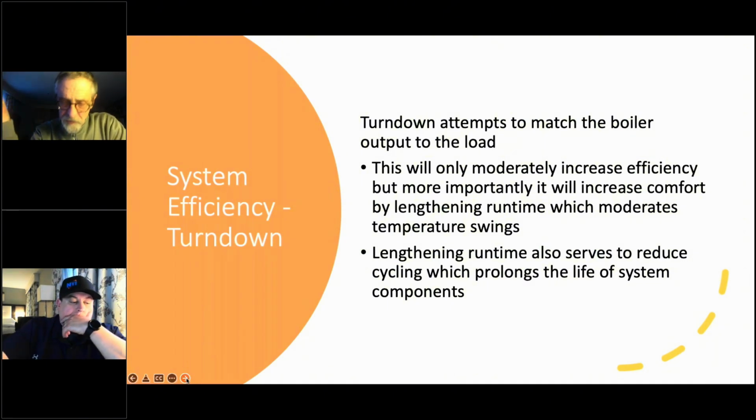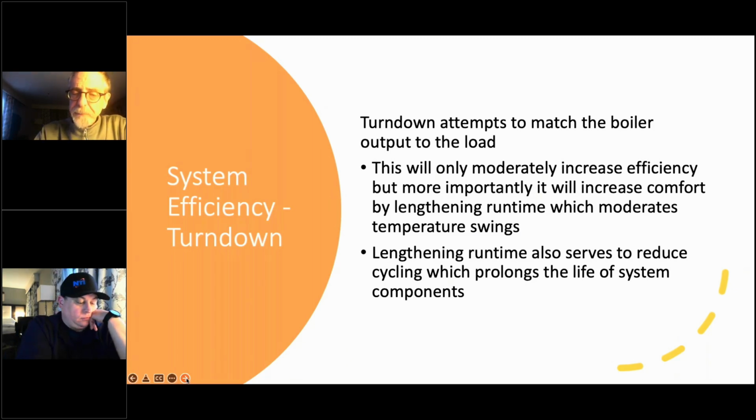If you're not decreasing temperature, if you're just reducing the output of the boiler and you don't condense, you will get modest efficiency increases. Now, it will increase comfort because you're going to reduce temperature swings and short cycling. And because you're reducing short cycling, you're going to prolong the life of all the system components. So there's a distinct advantage to turn down, but not strictly in the sense of system efficiency.